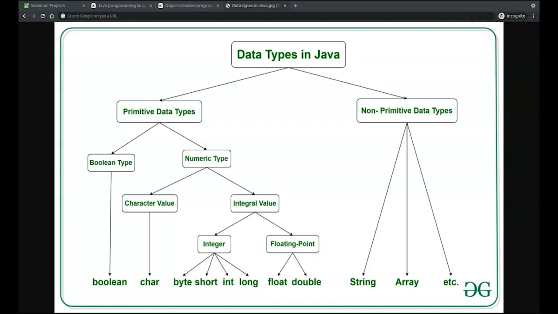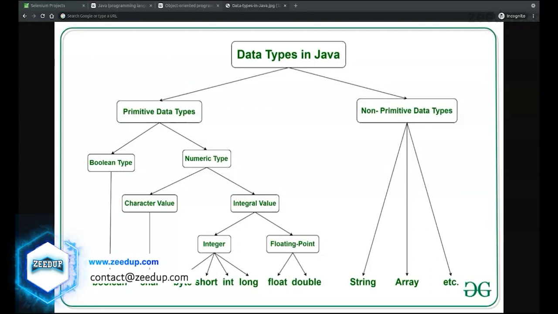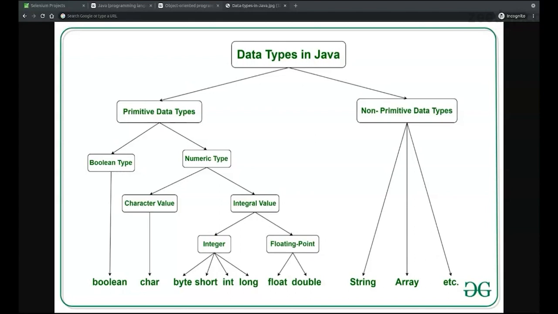Next is long. Long is a 64-bit signed two's complement integer. The minimum value is minus 2 to the power of 63 and maximum value is 2 to the power of 63 minus 1. This type is used when a wider range than int is needed. The default value is 0L.